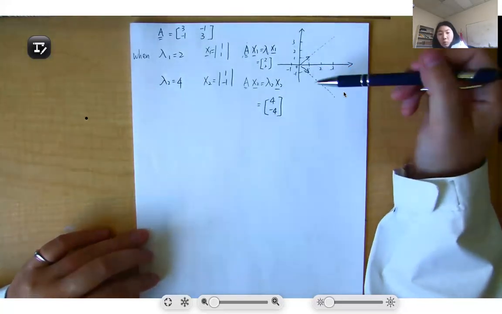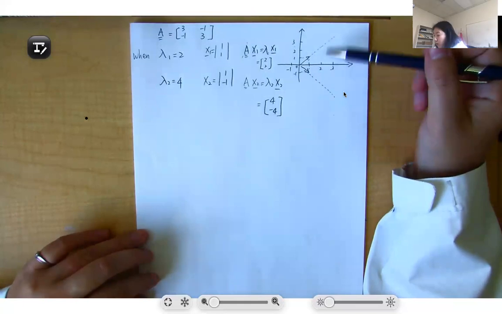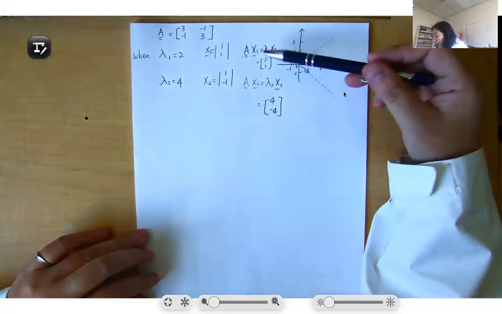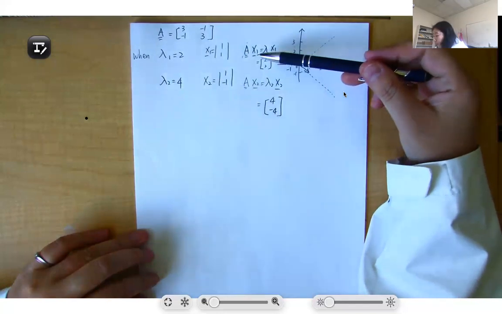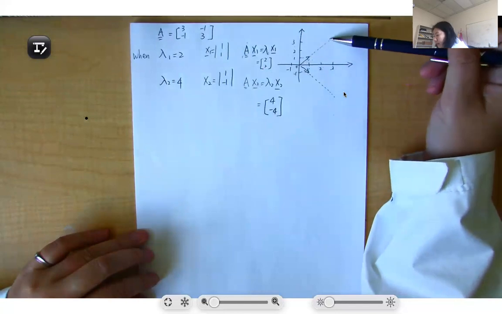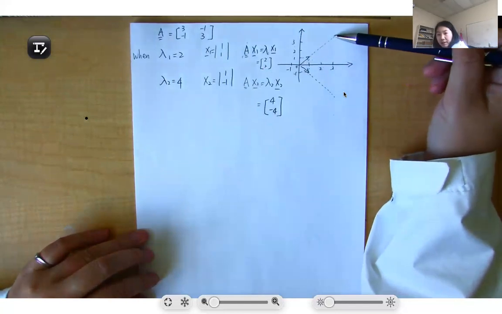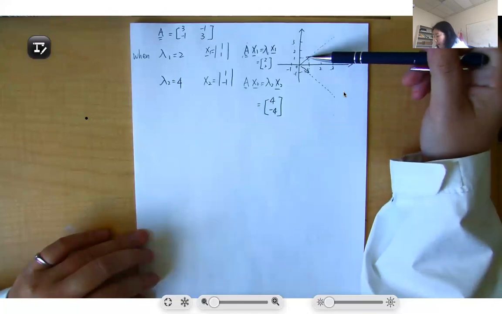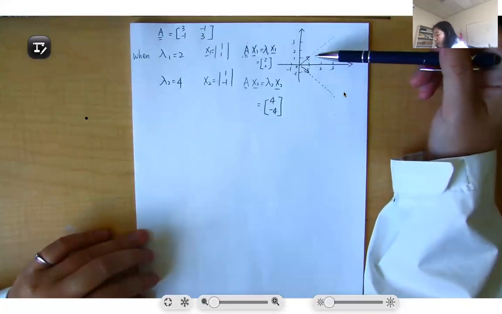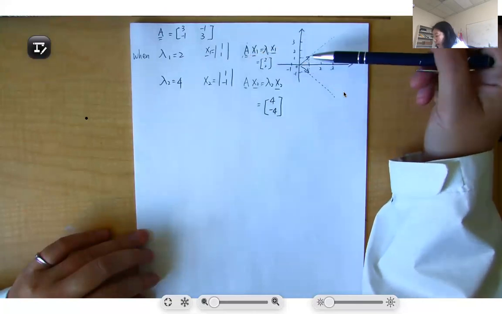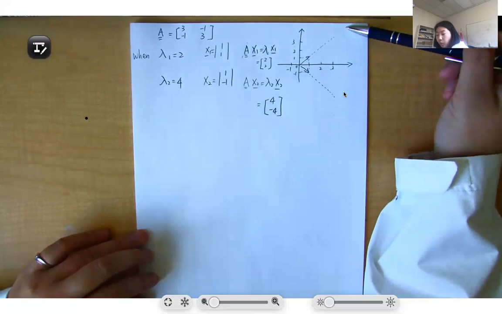What I was trying to point out is that you have this system matrix. When it operates on your eigenvectors x1 and x2, it will just make the whole system go in the same direction as the eigenvectors you derived. So when you operate on eigenvector 1, it will always be on this direction.